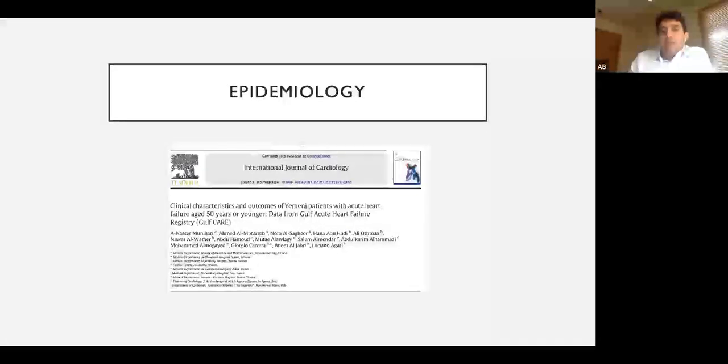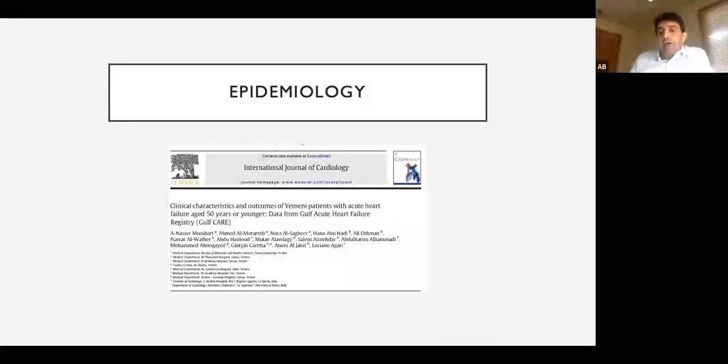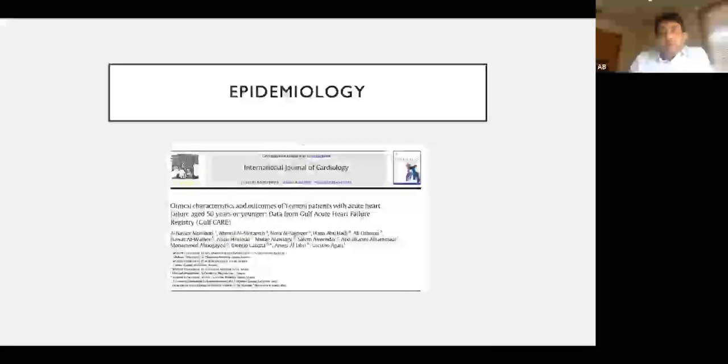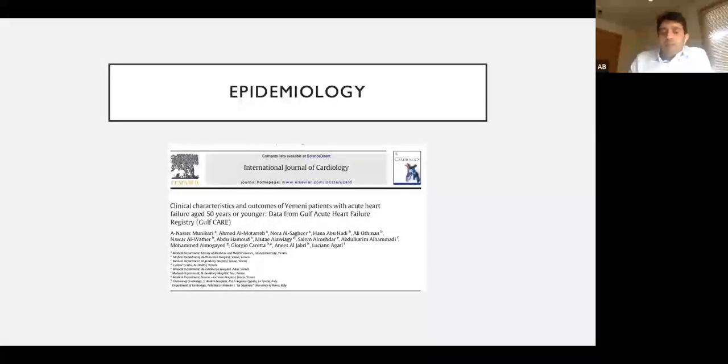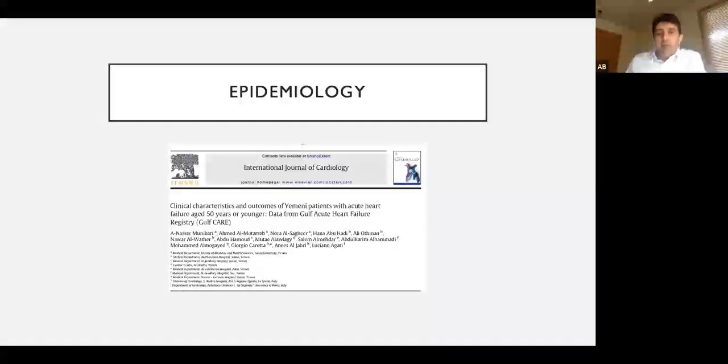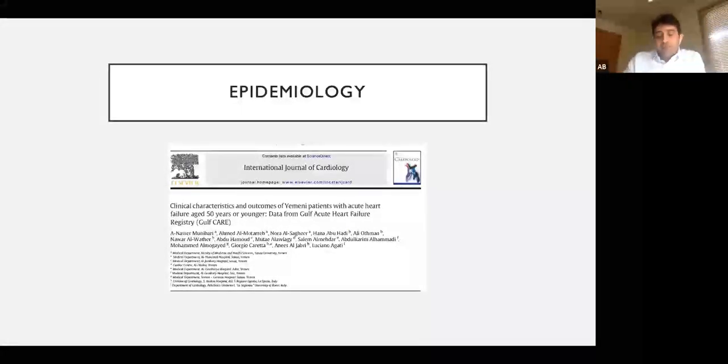And that's another study from the Gulf Registry or Gulf CARE, and I think it has been published from multiple institutions, I don't know which, but I think, as far as I remember, they said from 8 hospitals in the country.